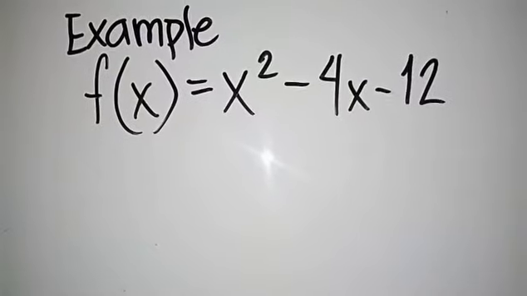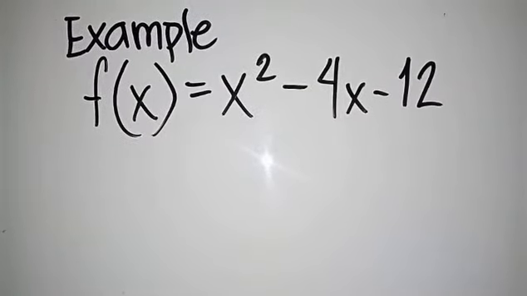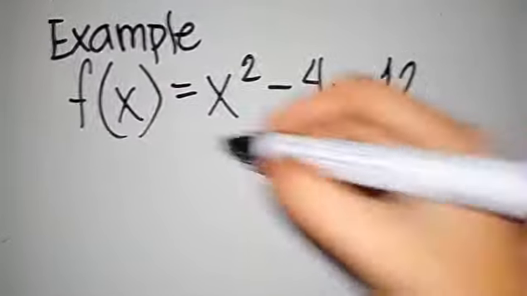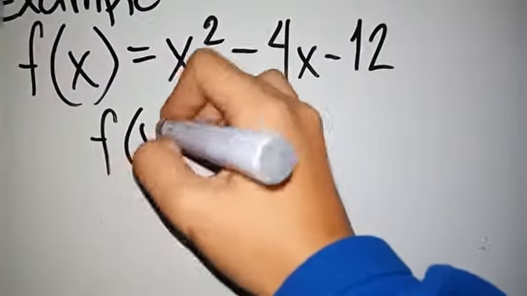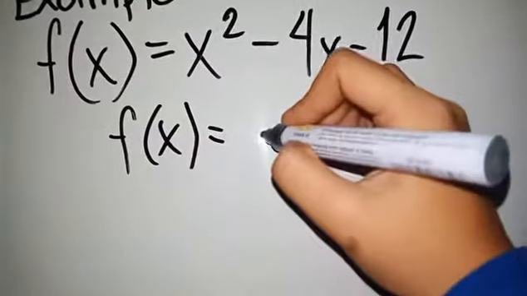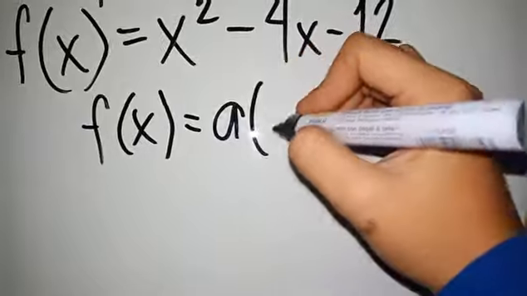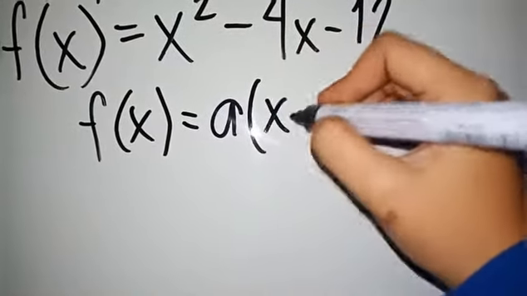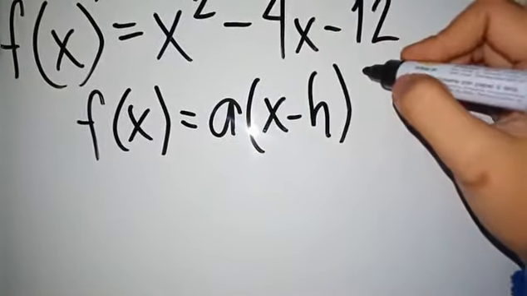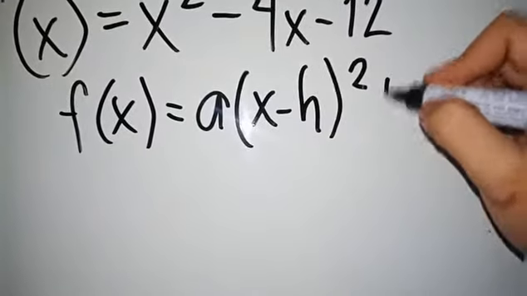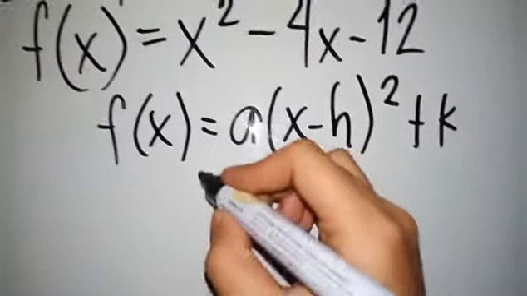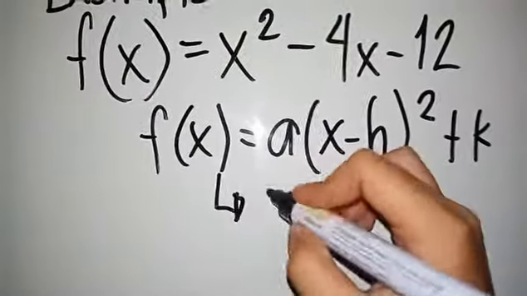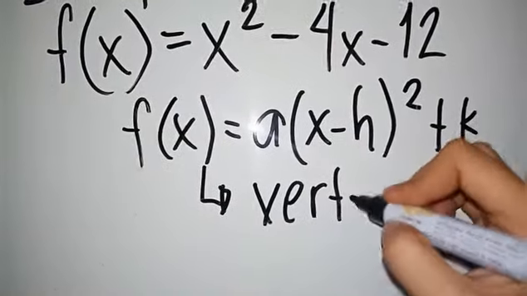The standard form of quadratic equation can be written in the form of we have f of x is equal to a times the quantity x minus h quantity square plus k, or this is also called the vertex form.